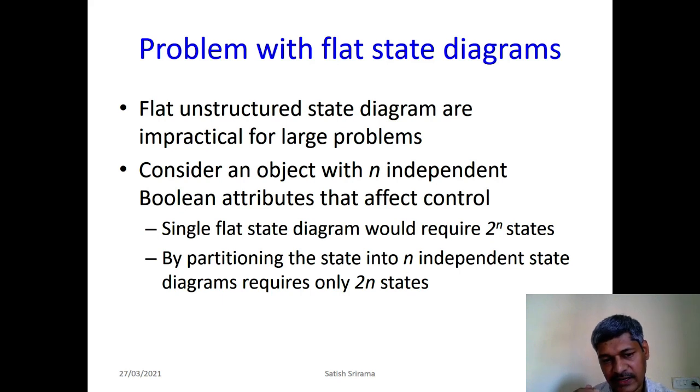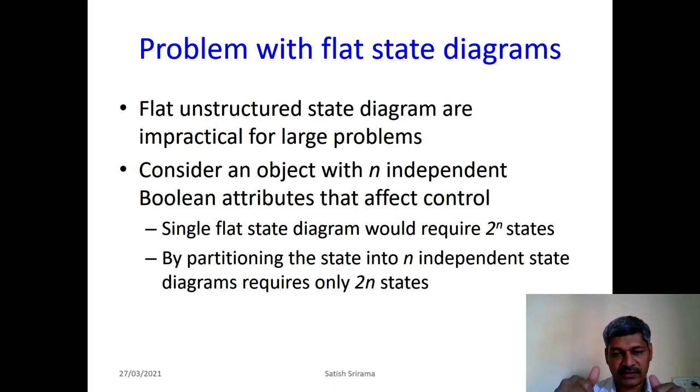And then if you draw a single flat diagram to show its behavior, the complete state diagram will have 2 to the power of n states. Putting together such a state diagram is completely impractical, isn't it? But of course, you can partition all the states in this state diagram into n independent state diagrams.